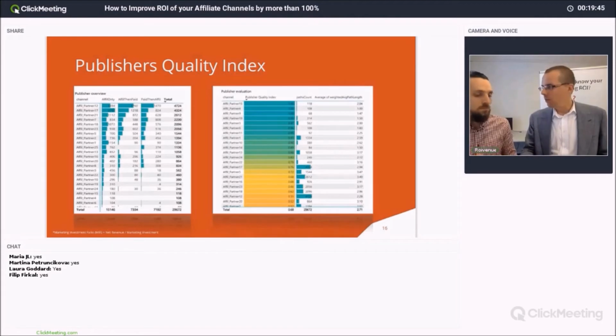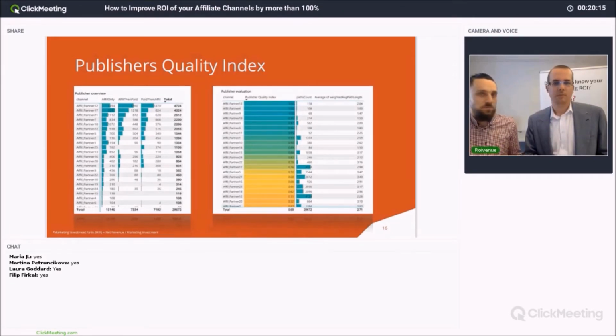You then see for each affiliate partner how many of these journeys are in the first row, how many in the second row, etc., and then you can calculate some figures. So it can help easily compare each partner and shows that we really need to focus on them individually, not only as a whole channel. Right.